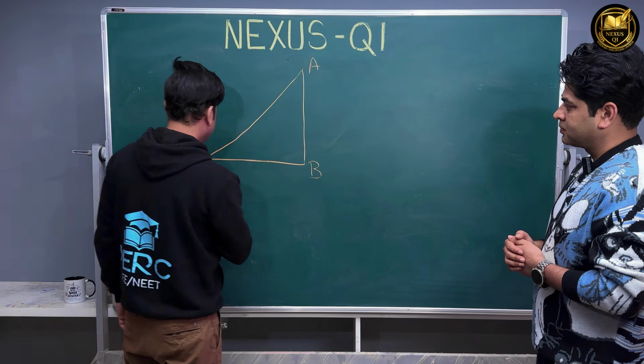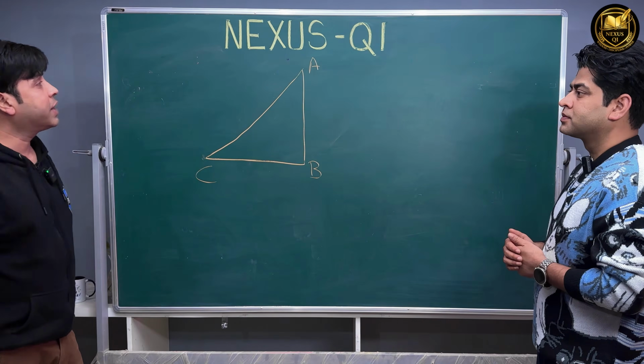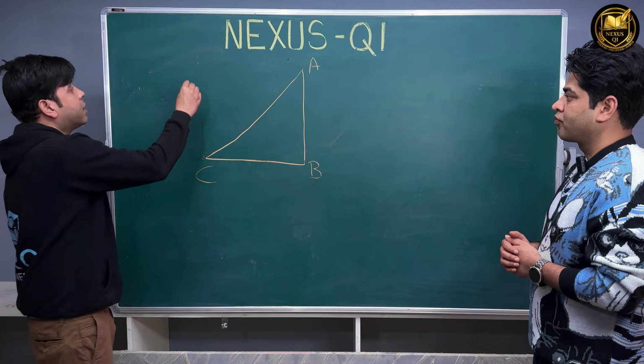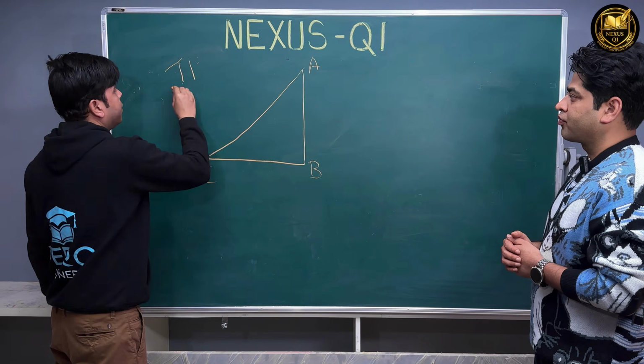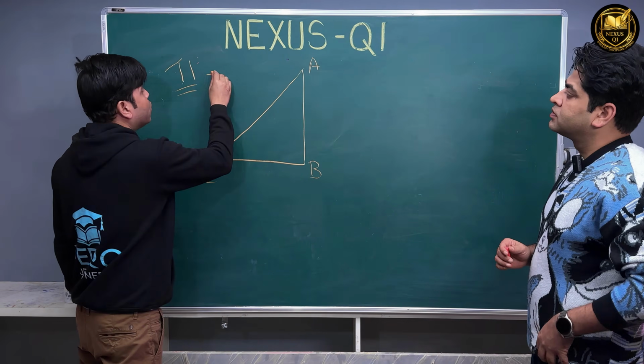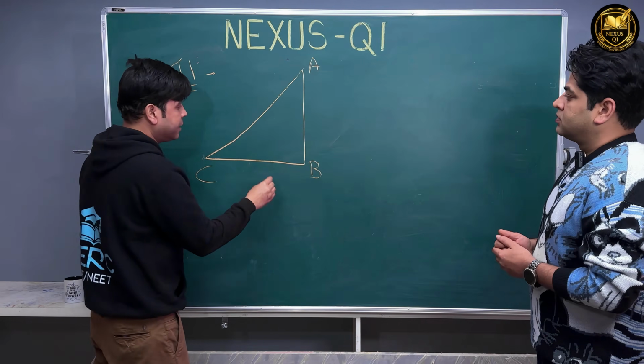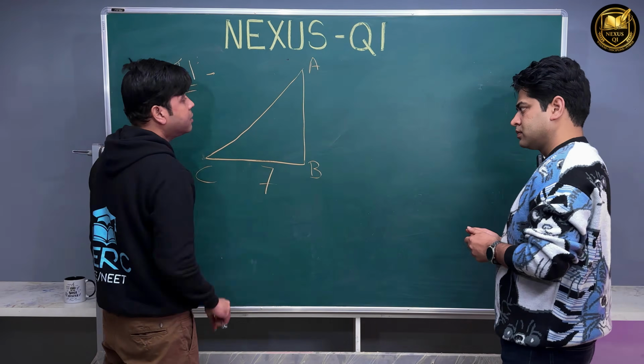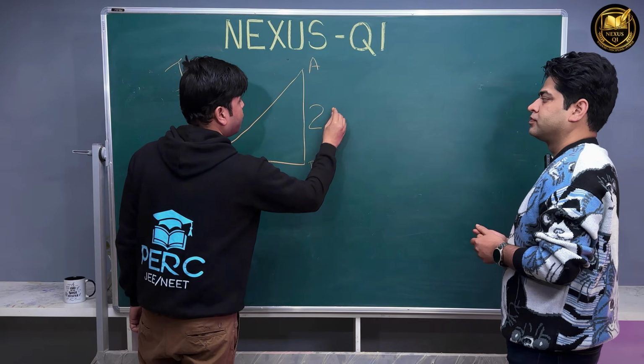In triangle ABC, we get three to four types of sums. Let's call this type 1. In type 1 they will give any two sides. Let's say this is given as 7 and this is given as 24.